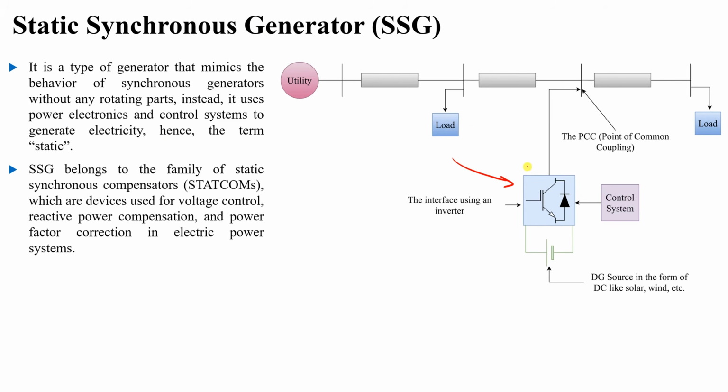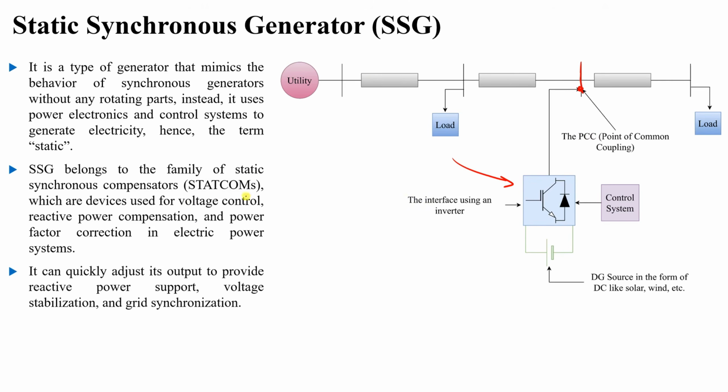We can control reactive power and the voltage here. This point of connection with the grid has a very important name: the point of common coupling, the point at which we are coupling with our grid. The PCC. Remember this name because you will see it a lot.